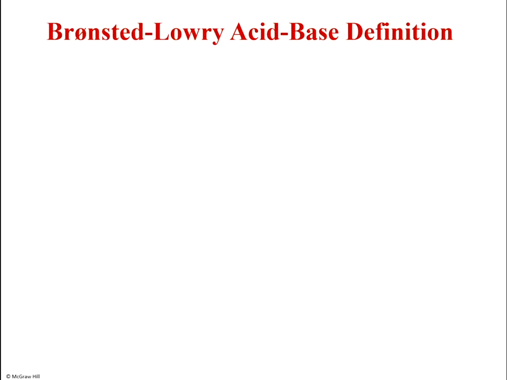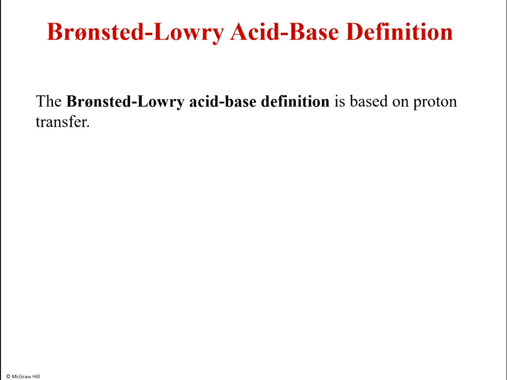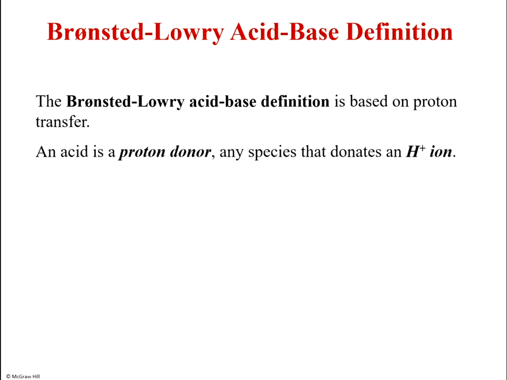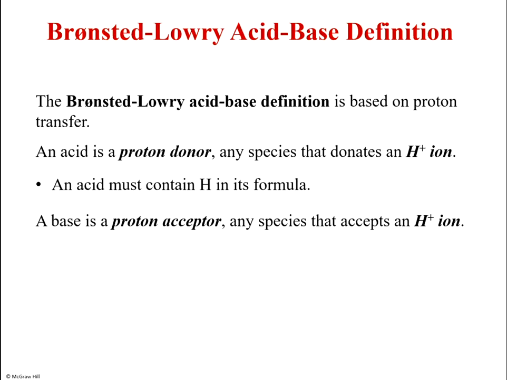The Bronsted-Lowry classification is a broader classification encompassing compounds that are not necessarily hydroxide donors, but still show basic behavior. So the Bronsted-Lowry acid-base definition is based on proton transfer, both from the acid and base side. An acid is a proton donor, anything that releases a proton, so an acid must contain hydrogen in its formula.